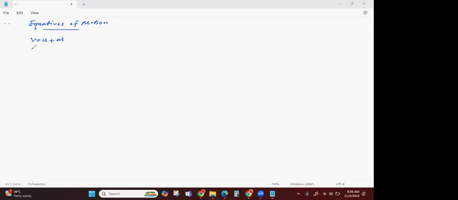So v equals u plus at, v squared equals u squared plus 2as, s equals u plus v divided by 2 into time, and then finally we have s equals ut plus half at squared.